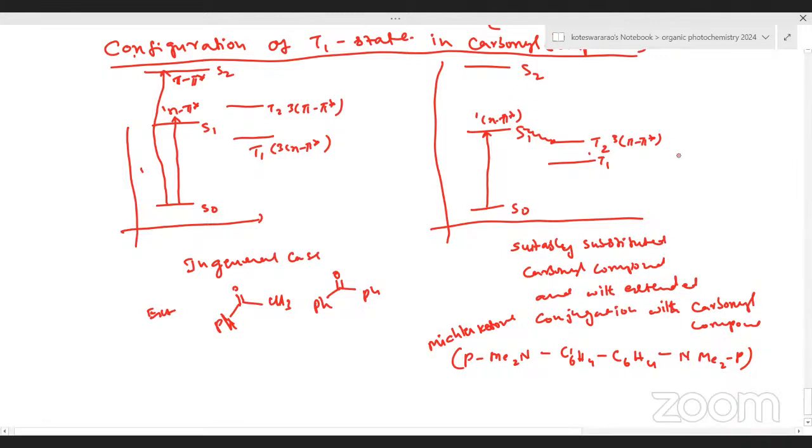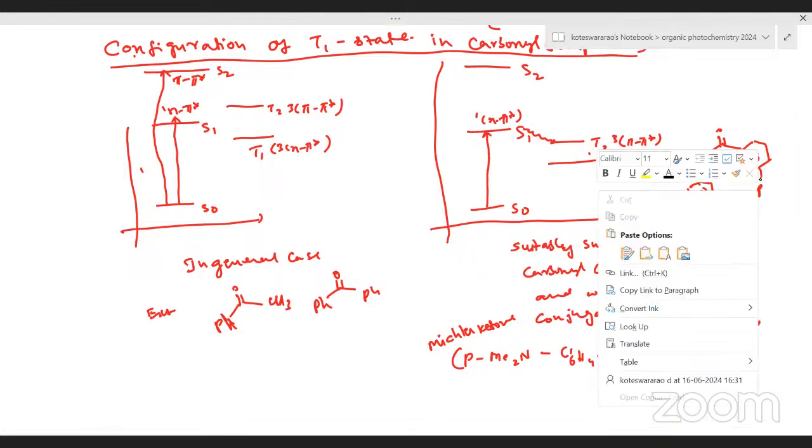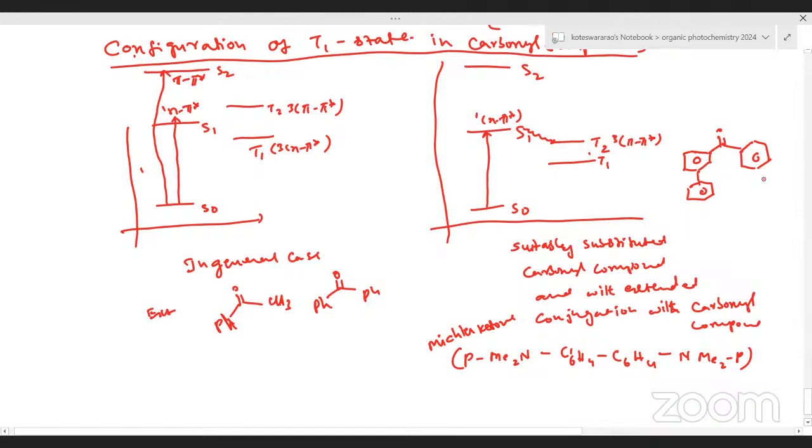behavior. That means it involves extended conjugation. This is benzophenone, suppose. This para-substituted phenyl, para diphenyl, like this.